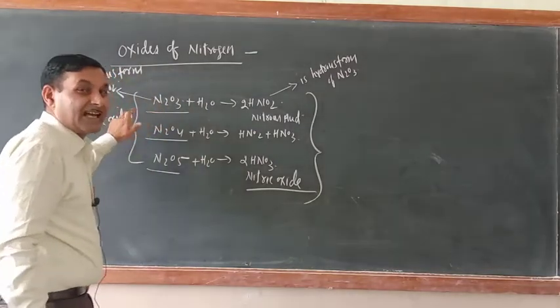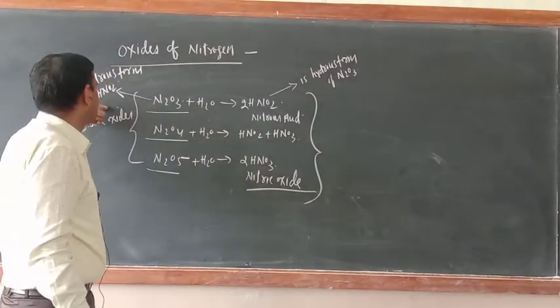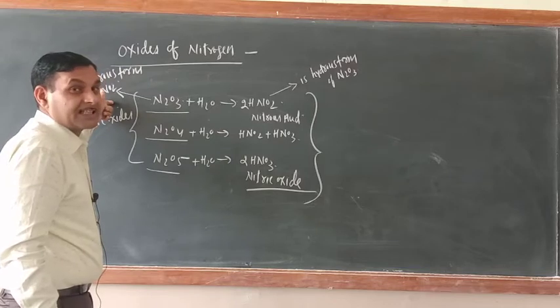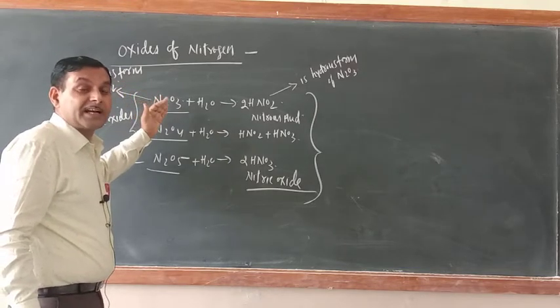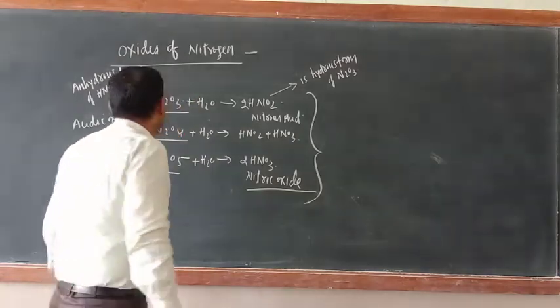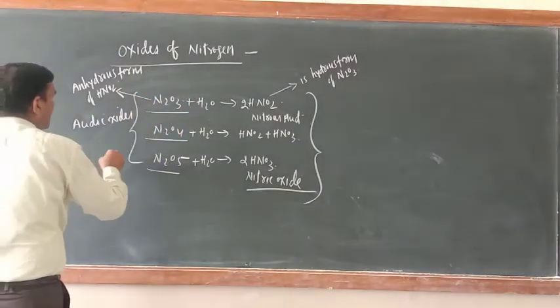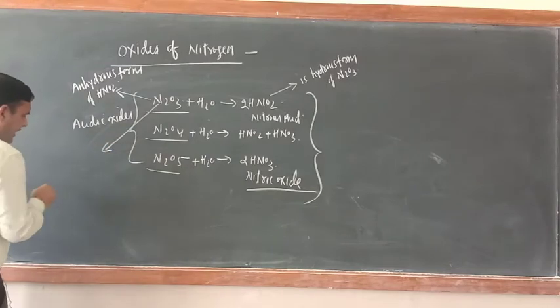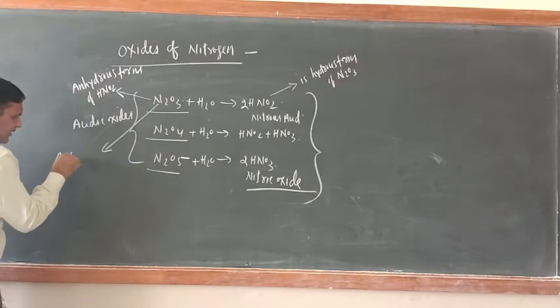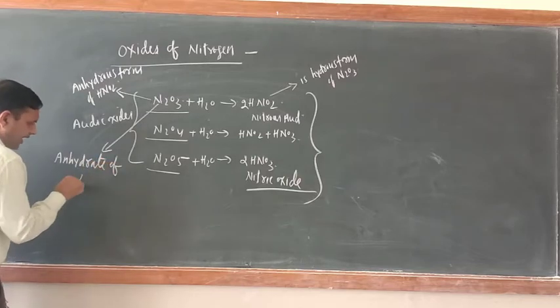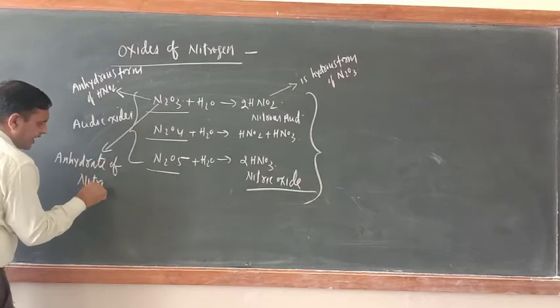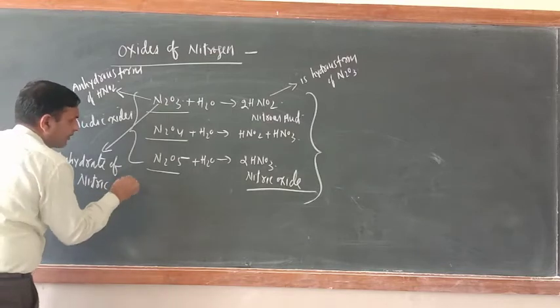That is why this is the anhydrous form of HNO2. So this is also known as anhydrate of nitrous acid. And what is this one? This is known as, here I am writing, anhydrate of nitric acid, and will prove here.